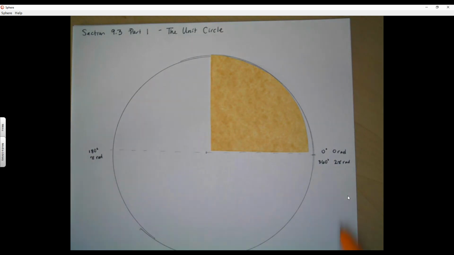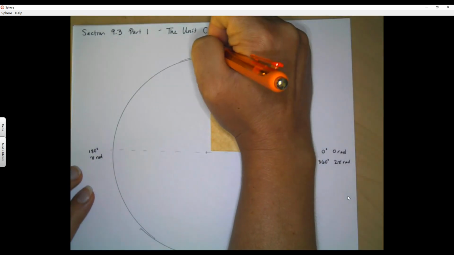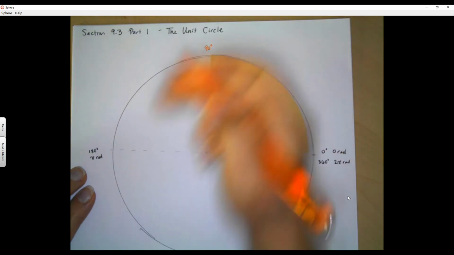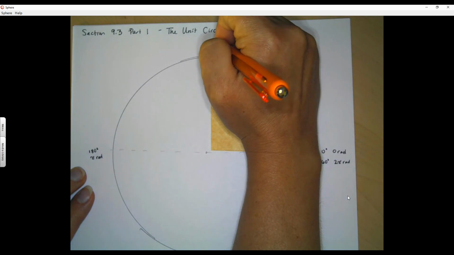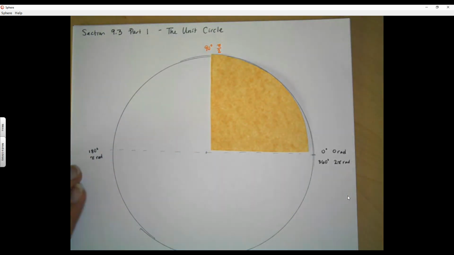Okay, so we know this is half of 180, so that's going to be 90 degrees. And half of pi is going to be pi over 2. Okay, instead of writing 1/2 and then the pi, we put the pi on top of the fraction. We put the 2 in the denominator of the fraction. Okay?